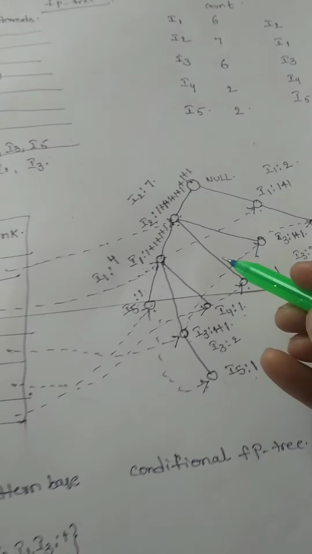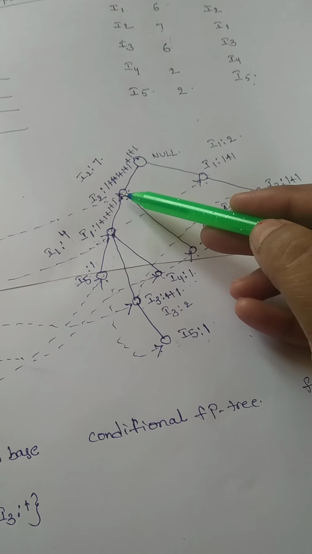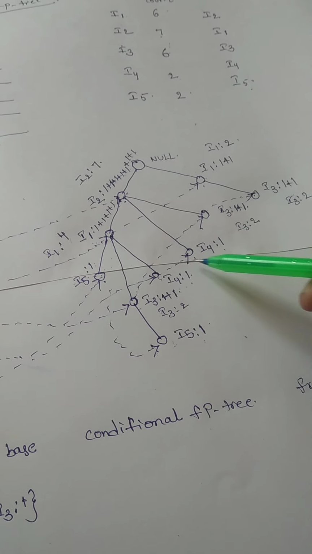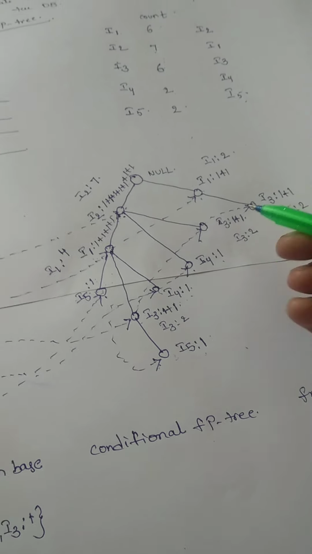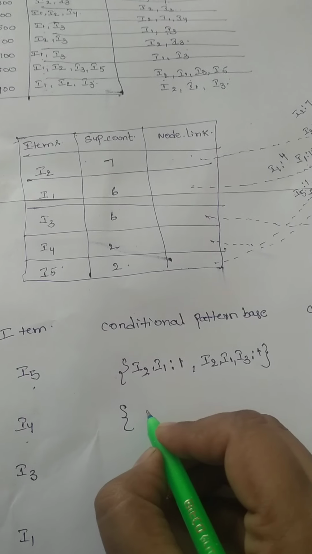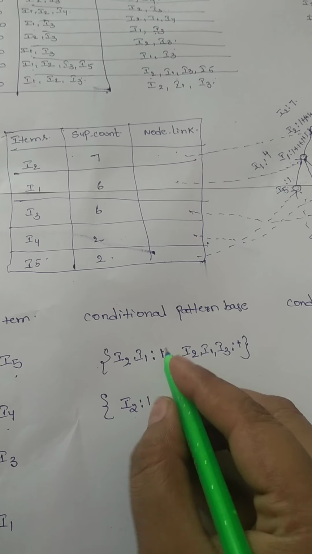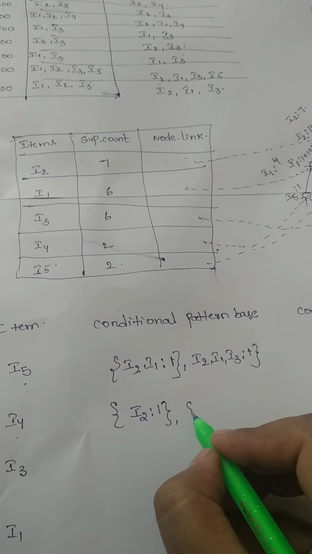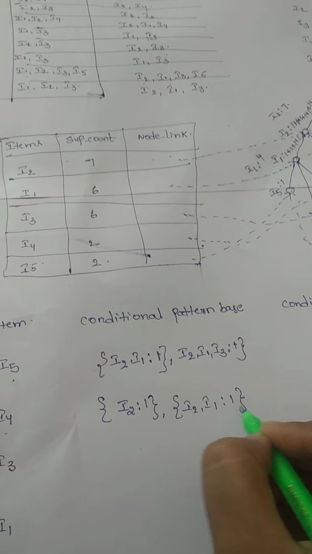Same for I4. For I4, here we have to take the suffixes: I2, I1 is one suffix, and for the other I4 only I2. So I2 is 1, and next one I2, I1 is 1.